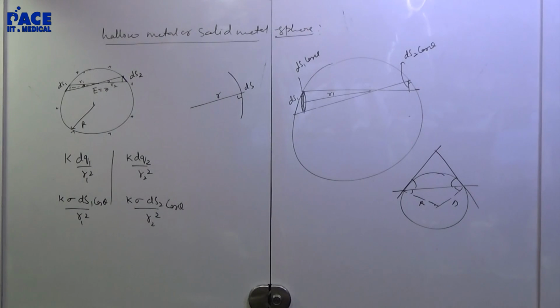If the charge distribution is spherical and uniform, the field anywhere inside will be 0.